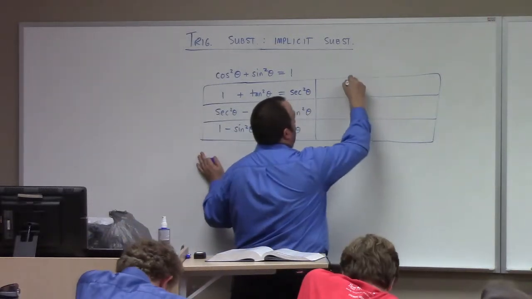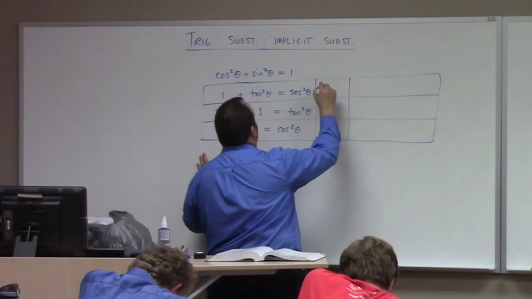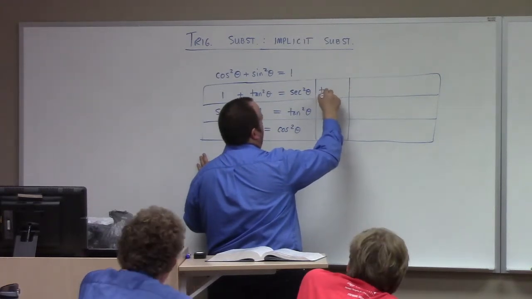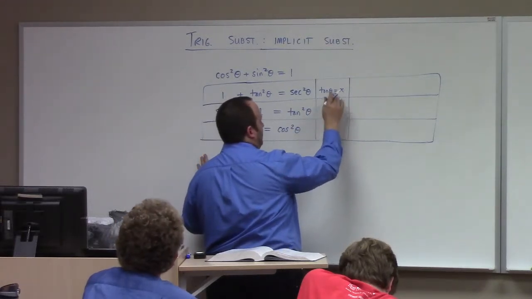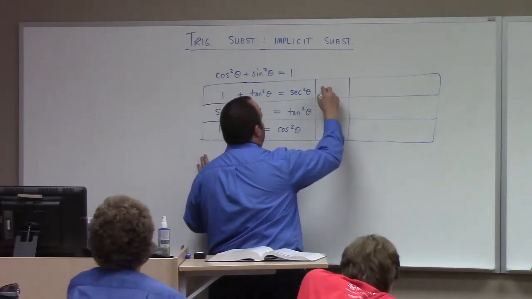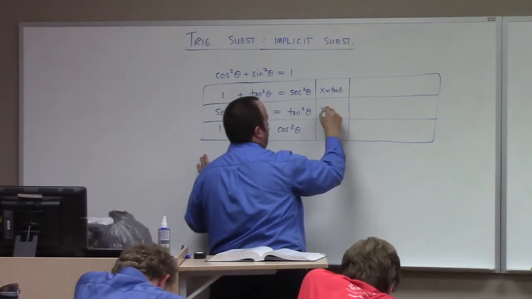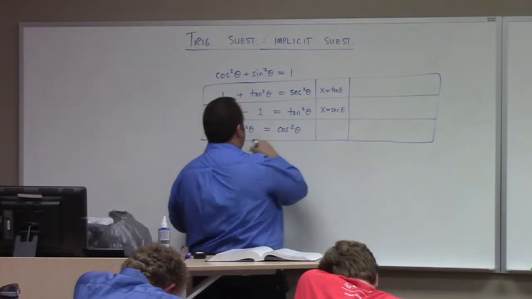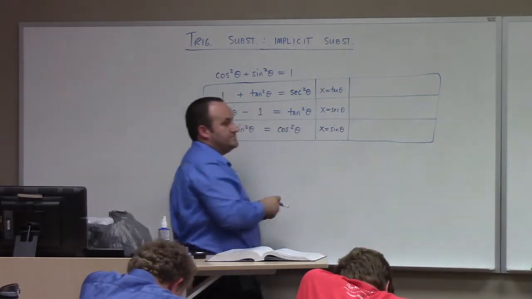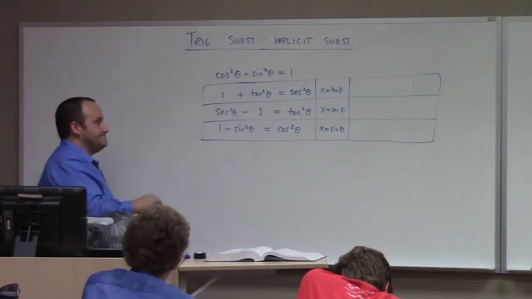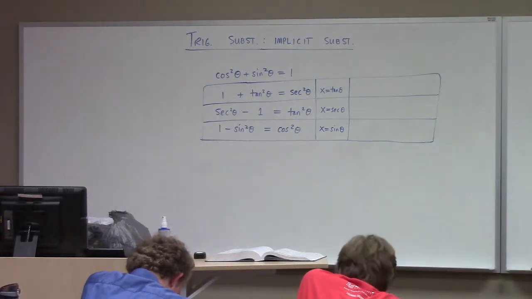Let me write here, x equals tangent theta. X equals secant theta. What happens if I do that? What happens here if I put x equals sine theta? What does that say about x and about dx?